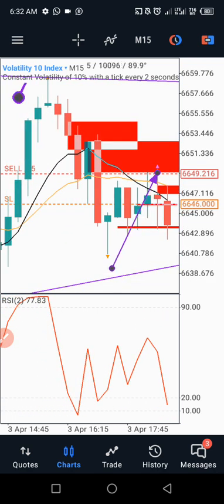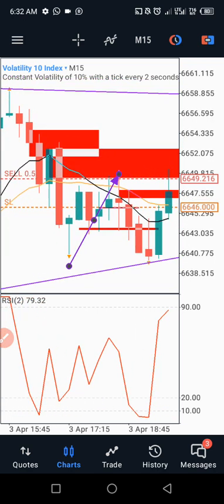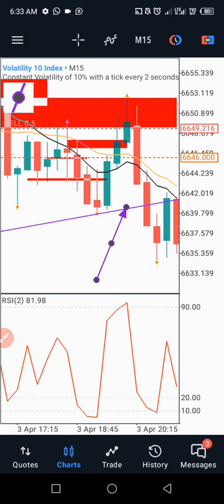After it retested this candle, it was expected that the market would break out this low, which it did. When I saw this, I knew that if the market was to retest it again, I was going to sell there and expect the market to break out from this trend line.